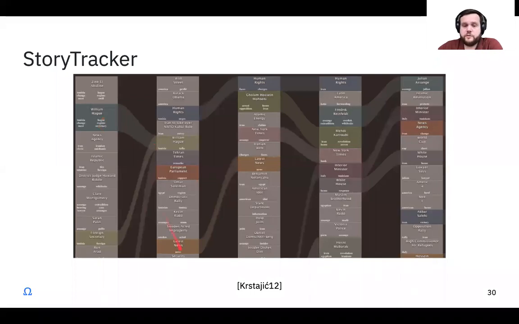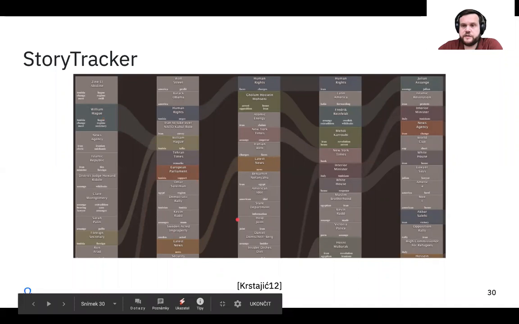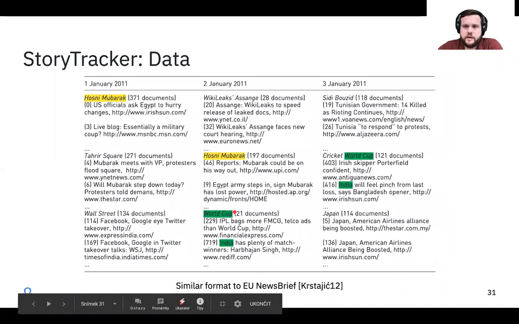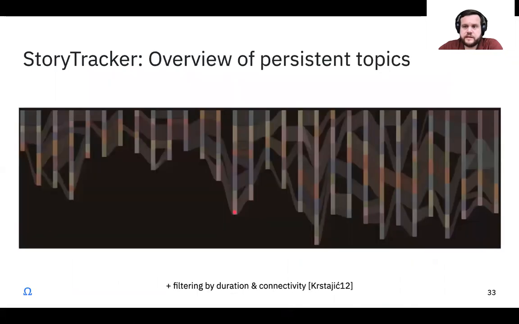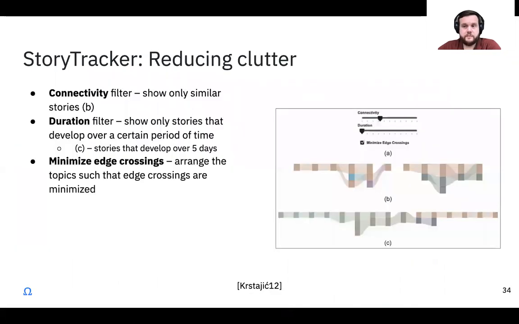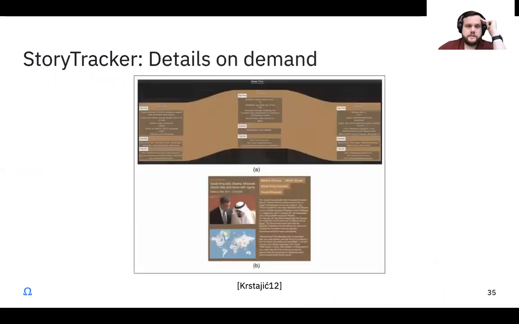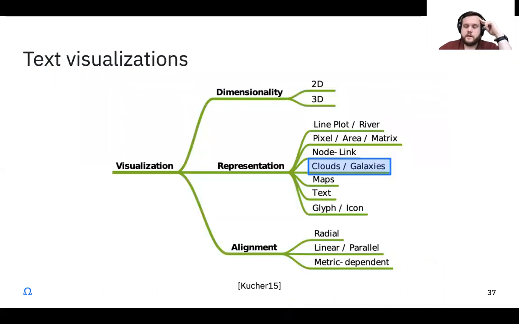This is one of the earlier approaches that really went into some serious text analytics, basically visual analytics for text. Okay, going further. Other visualizations we might encounter, and we encounter them a lot, are clouds and galaxies.